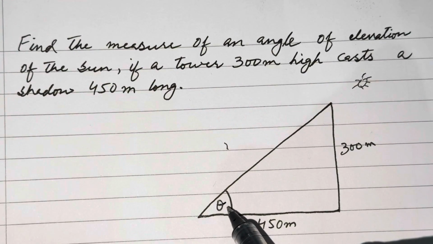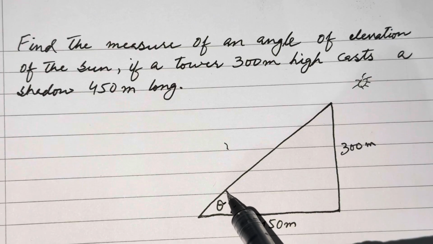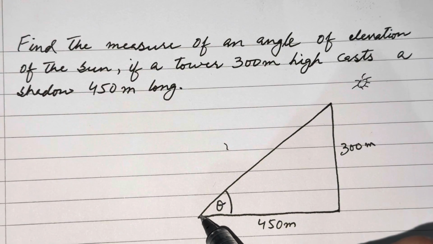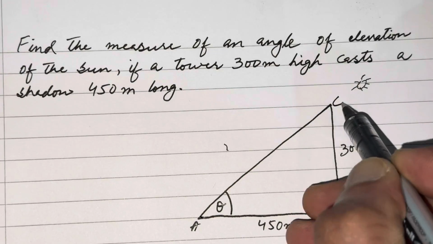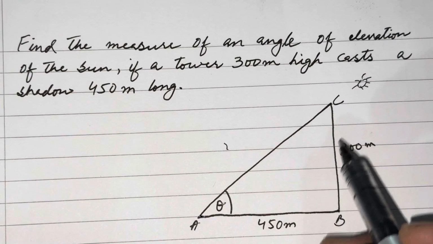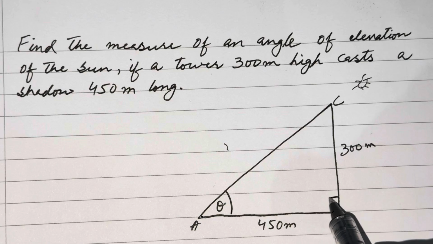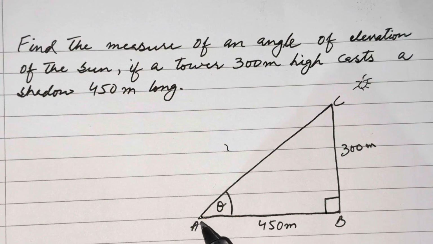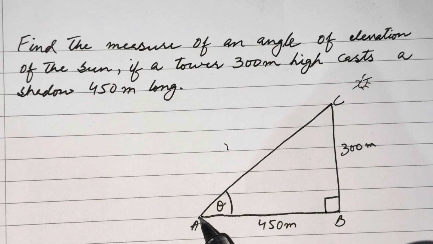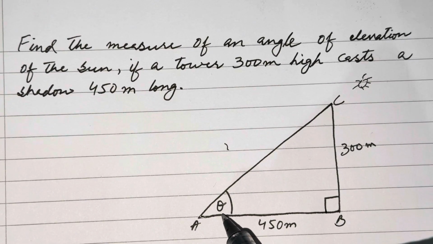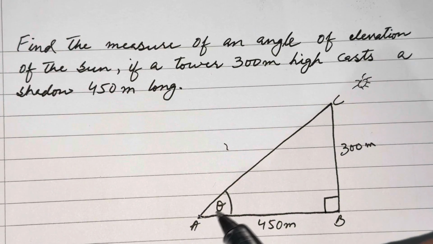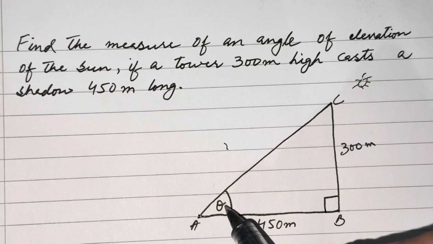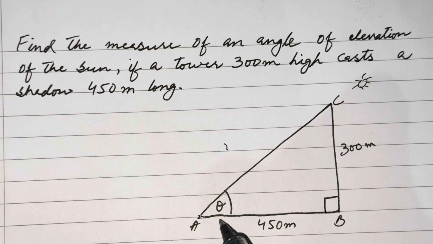So we have to find the value of theta, the angle which is making at this point. We give the names A, B, C to this right angle triangle. Now we have a right angle triangle where the right angle is at point B, theta is at point A, and we have to find the value of theta, the angle making at point A.